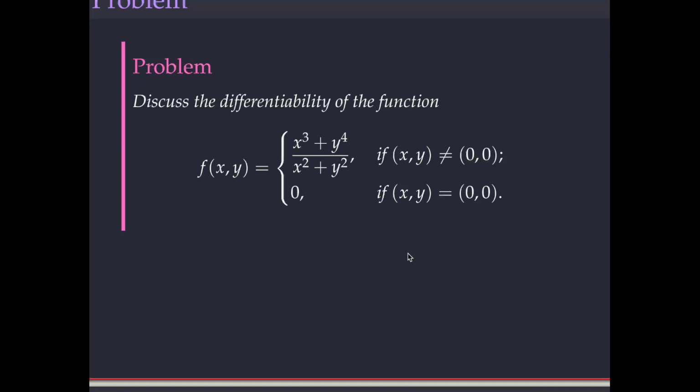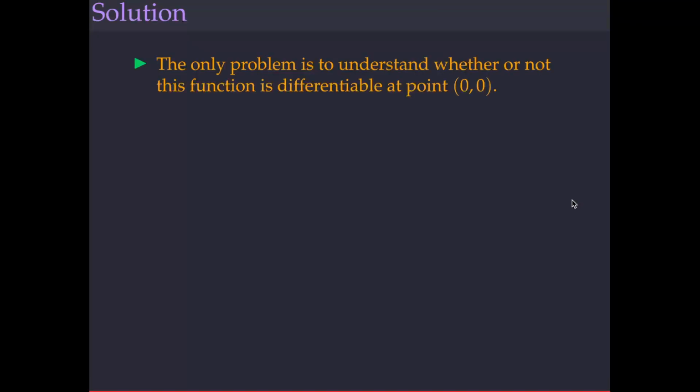Because at the rest of the points, this is a polynomial, and this is also a polynomial, so this function is like p by q, and apart from (0, 0), q is always non-zero, and therefore this function is differentiable apart from (0, 0). So the only problem is to understand whether or not this function is differentiable at the point (0, 0).